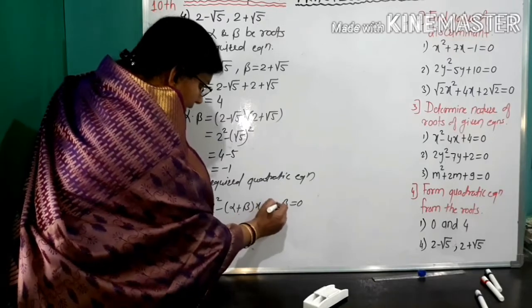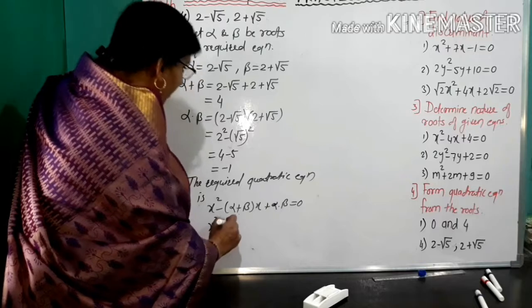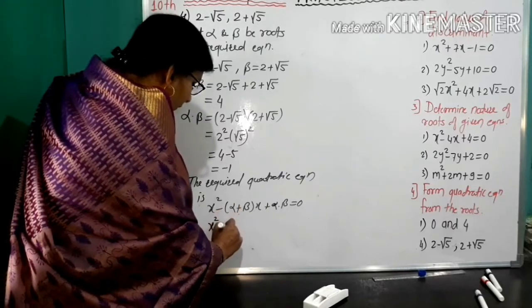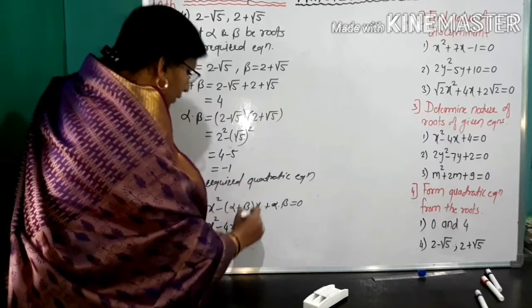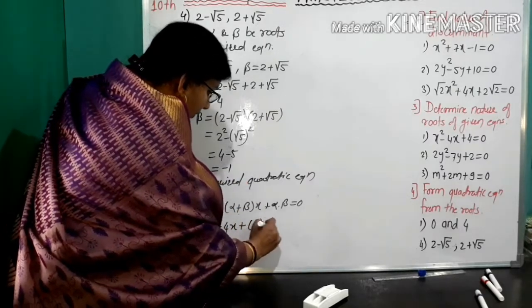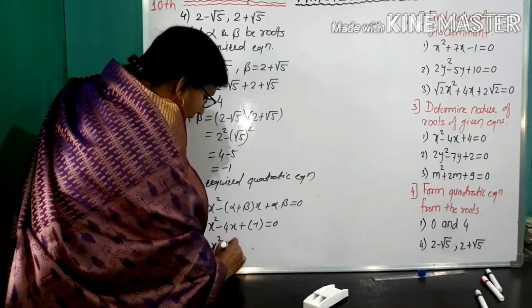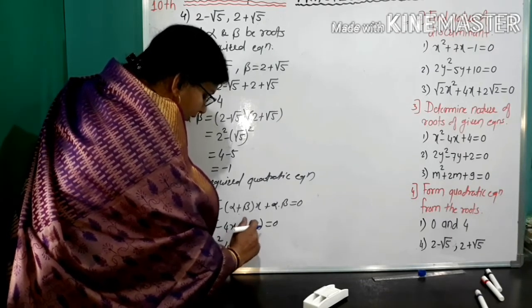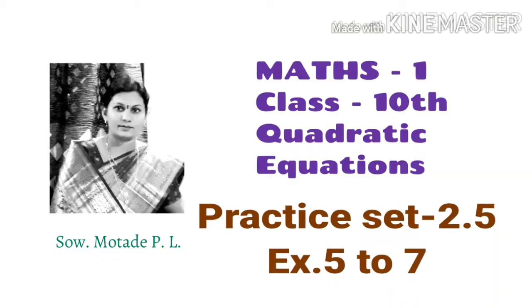Here put the values: x square minus, alpha plus beta is 4, into x plus alpha into beta equal to minus 1, equal to 0. Therefore the equation is x square minus 4x plus into minus 1 equal to 0.